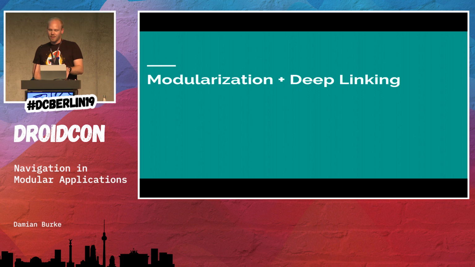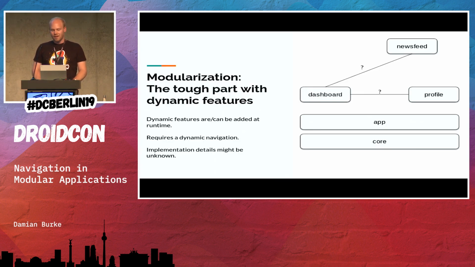So starting from here, let's take a look at how deep linking can help us with modularization, and especially if we keep the dynamic feature modules in mind. If we have an app that has a lot of dynamic modules, so not a lot of features are available at compile time, we don't really know where we can navigate because it might not be loaded.